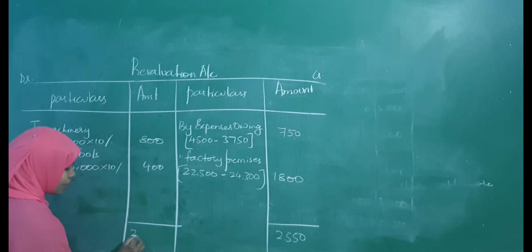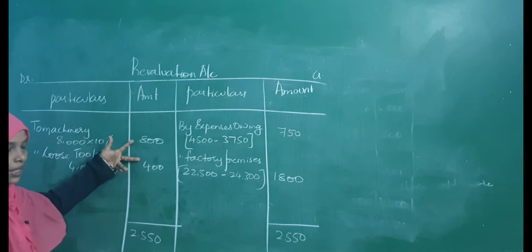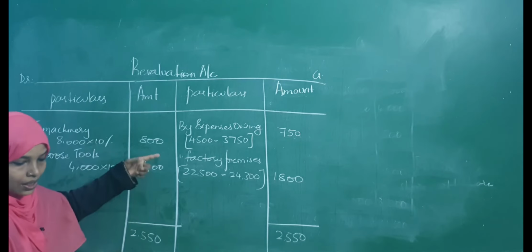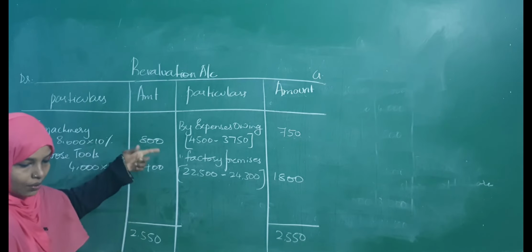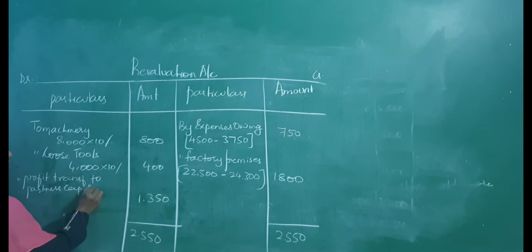Okay, here also you can write the same total, 2,550. Total these two, 800 plus 400, 1,200. 2,550 minus 1,200 gives you 1,350. This is profit transferred to partners capital account.